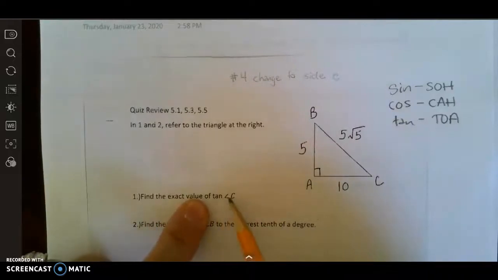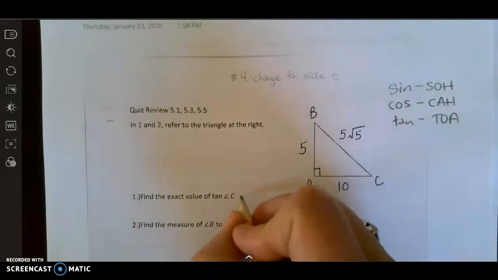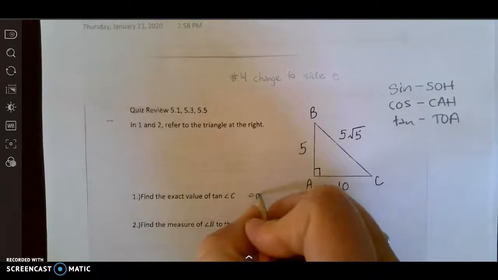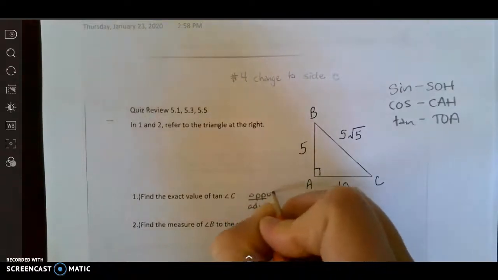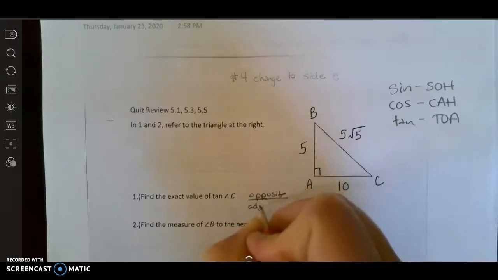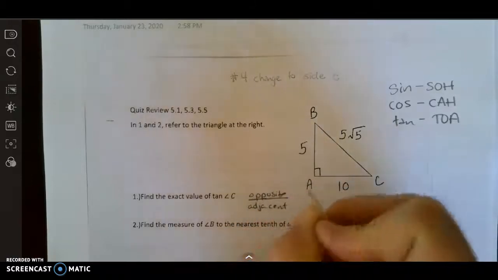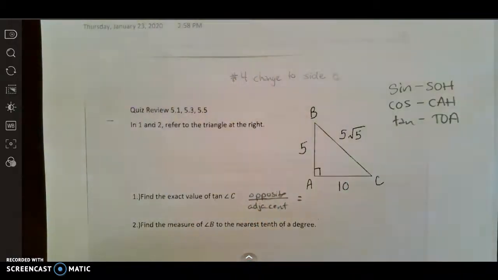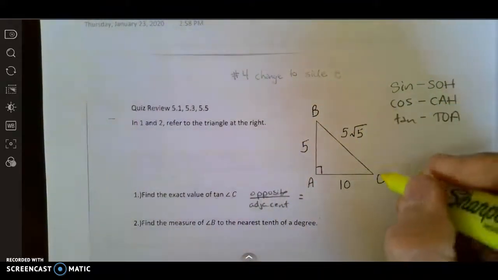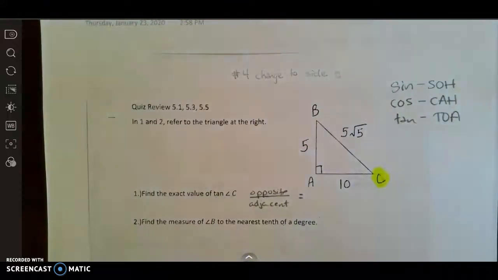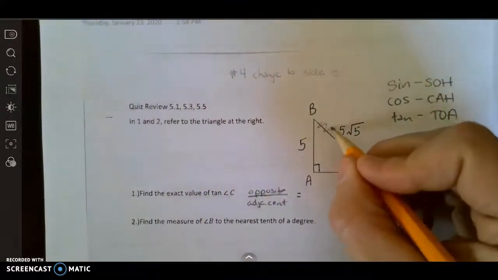So the tangent of C is opposite over adjacent. I'll write it all out. This is in reference to angle C, which is right here. There's angle C. Opposite of angle C is 5, and I always like to label my hypotenuse.